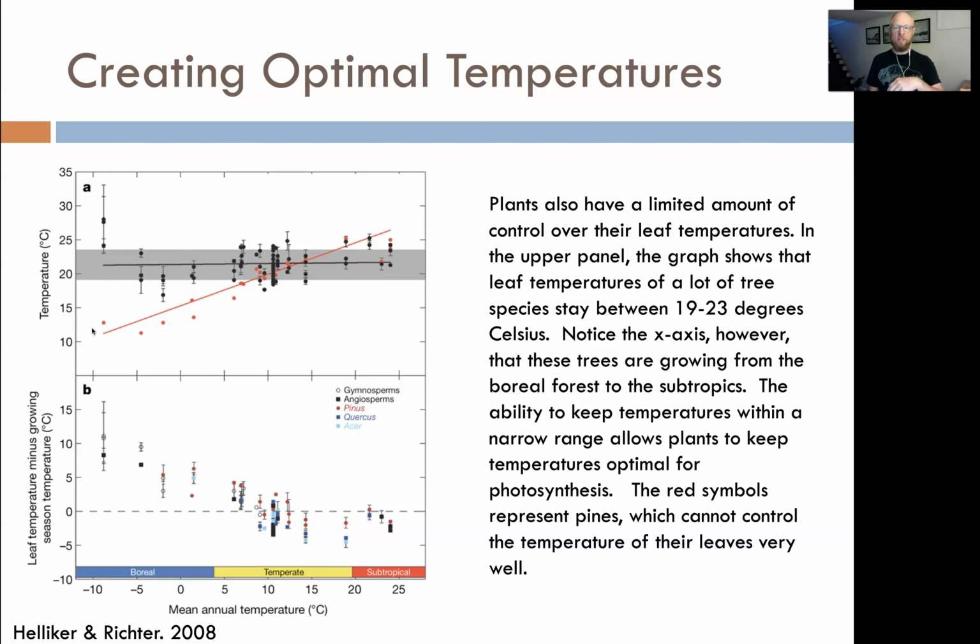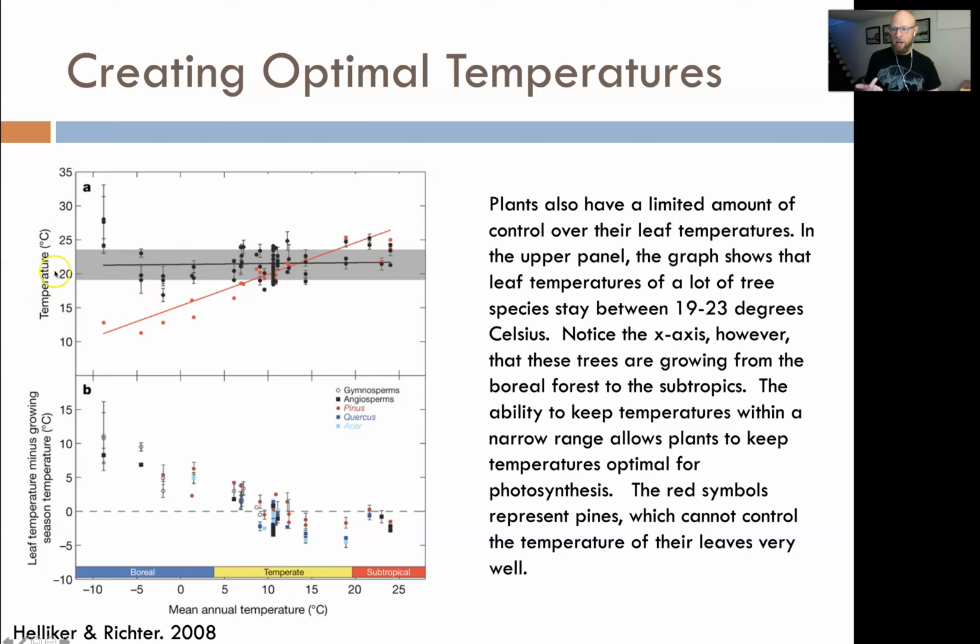But other species are able to regulate their temperatures a little bit more by adjusting how fast they're transpiring water and their leaf angle. The take-home message, though, is that for plants growing across a wide range of environmental conditions, their leaves are most active and they're able to keep leaf temperature between about 19 and 23 degrees Celsius.